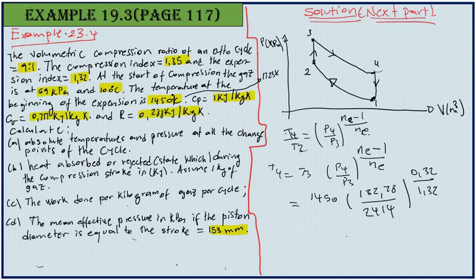So if I replace that, I am going to get the value of T4. So T4 is 718 Kelvin.